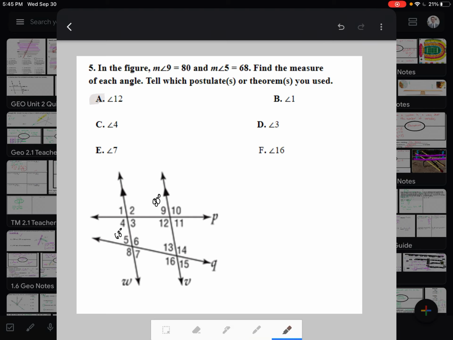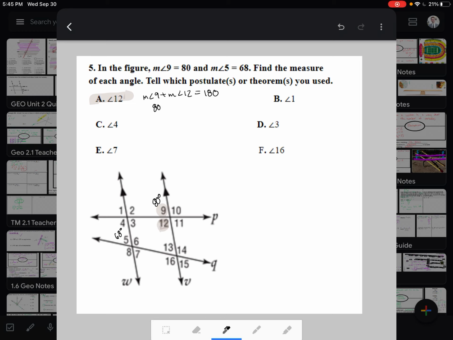So question A, angle 12, let's highlight it. Now, if we look at angle 9 and angle 12, what we're going to see here is that these are actually a linear pair. Because they're a linear pair, they share the same line, we know that they're supplementary. So the measure of angle 9 plus the measure of angle 12, because it's supplementary, is 180 degrees.